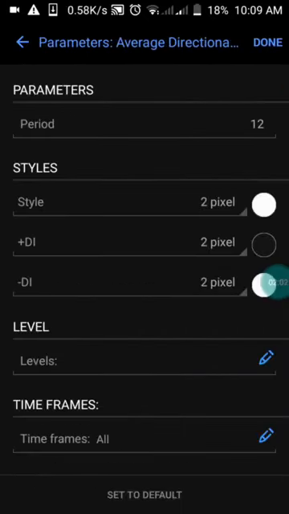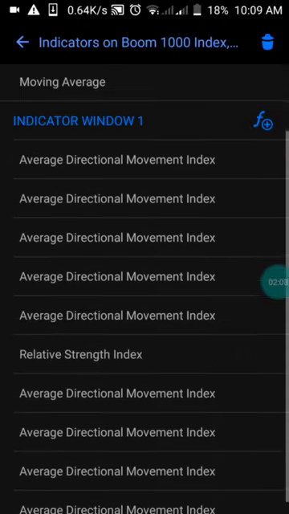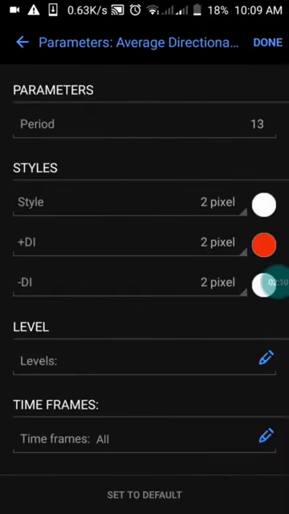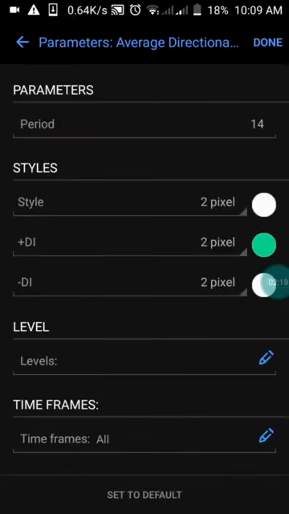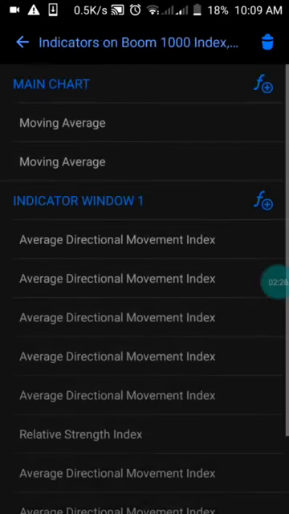We have the period of 12 here, and we have our plus DI in black color. The fourth average directional movement index is the period of 13, and we have red as the color here. The next one is the period of 14, and we have our plus DI in green color. So you press on done.